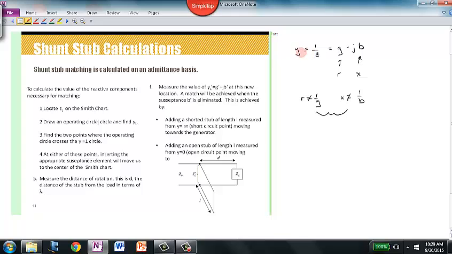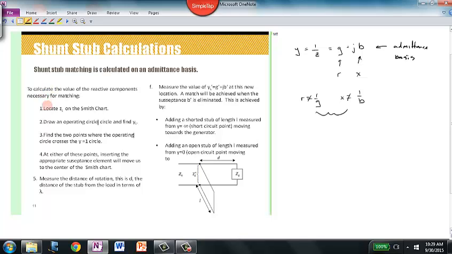And we'll be operating the Smith chart on this basis instead, which we call the admittance basis. So just keep that in mind. It sounds more complicated than it really is.